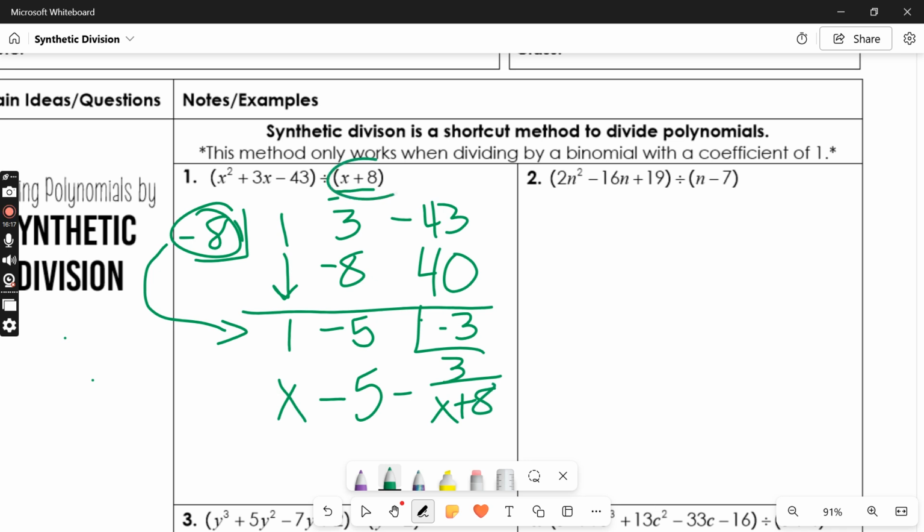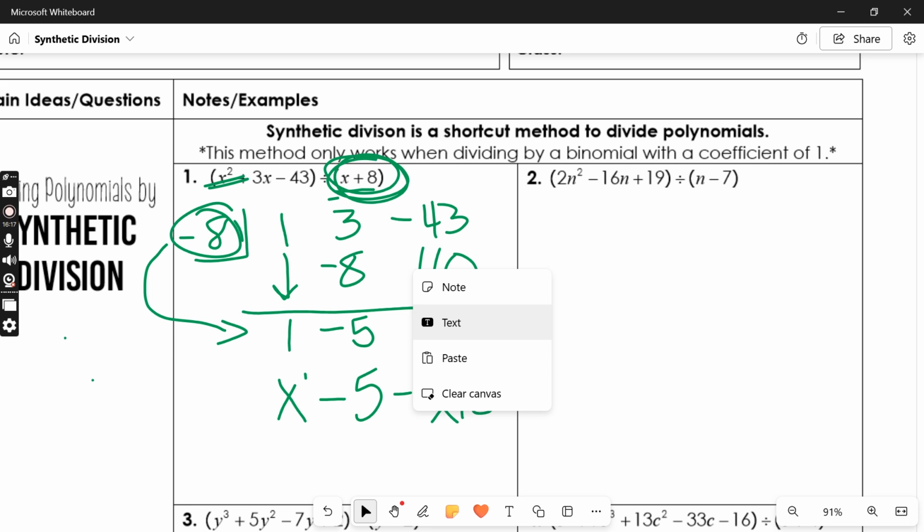And that x plus 8 comes from what we were dividing by. Notice this started out as an x squared. We divided by x. Remember that when we're dividing, we subtract exponents. So 2 minus 1 is why this is just a single x now.